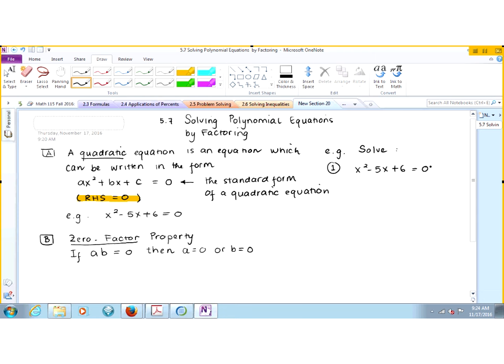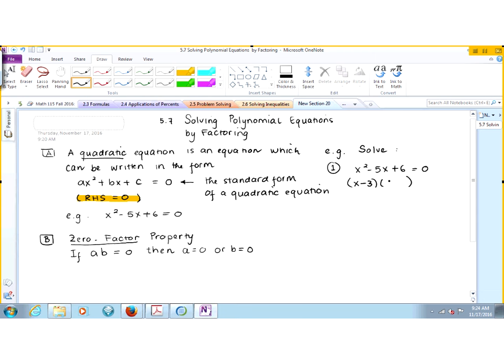Is this in standard form? Yes. So first of all, it has to be in standard form. Is it factorable? How do we factor this?